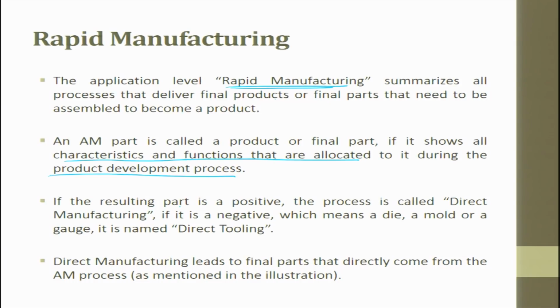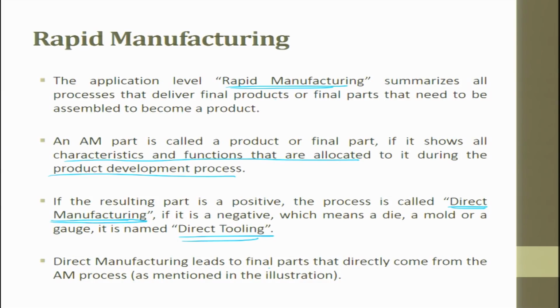If the resulting part is positive, the process is called direct manufacturing. If it is negative, which means a die, a mold or a gauge, it is called direct tooling. Please understand the difference between these two. The negative of direct manufacturing becomes tooling and the positive becomes rapid manufacturing.